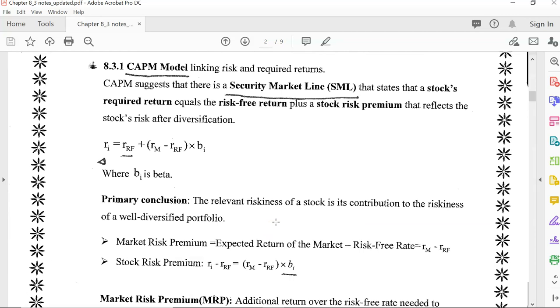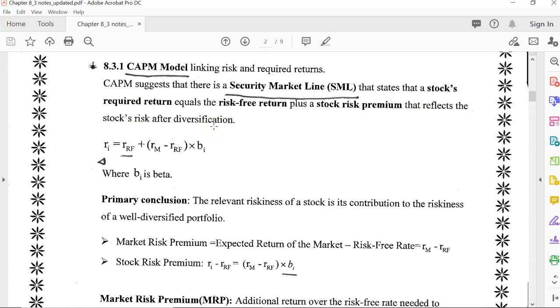Let's first look at the capital asset pricing model. It links risk and required returns. It suggests that there is a security market line stating that a stock's required return equals the risk-free rate plus a stock risk premium that reflects the stock's risk after diversification. Does this sound familiar?